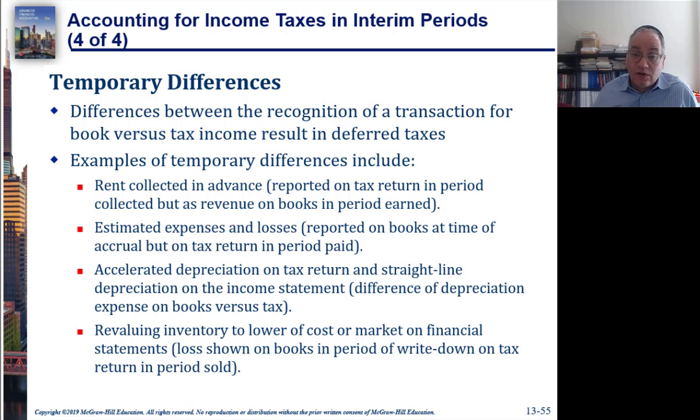Some temporary differences could result from rent collected in advance, estimated expenses and losses, accelerated depreciation on a tax return when you use straight line in your income statement, and write-downs to lower of cost or market. We were talking about that before. Interestingly enough, those revaluations of inventory are temporary differences for tax purposes.